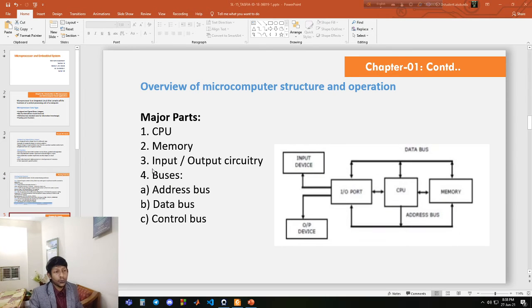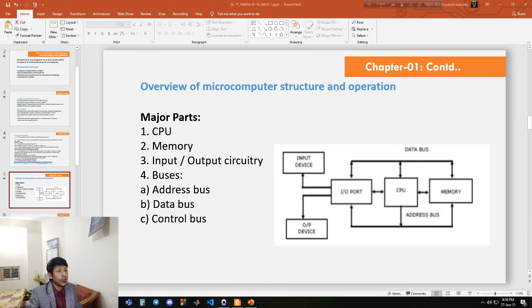There are 4 major parts of a microprocessor. The number one is CPU, second one is memory, third one is input output circuit, and fourth is buses. So what is CPU? CPU consists of millions of transistors that process our data.